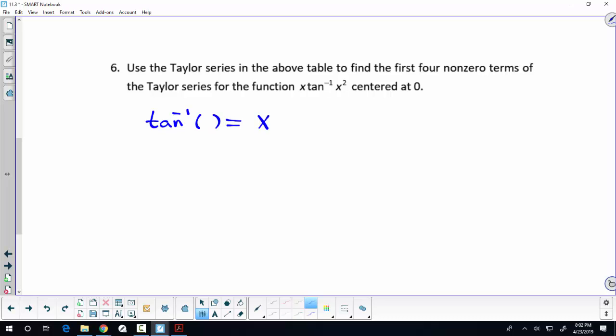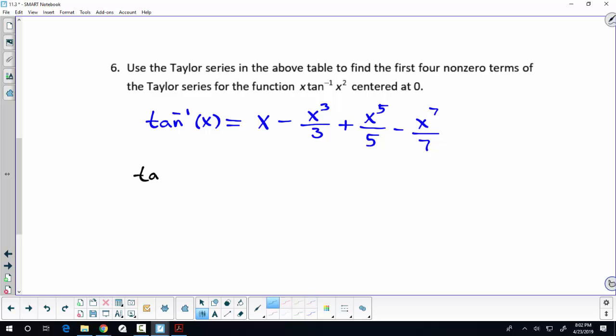So it's x minus x cubed over 3 plus x to the 5th over 5, say first 4, minus x to the 7 over 7. So here we have to compose with x squared and multiply by x.